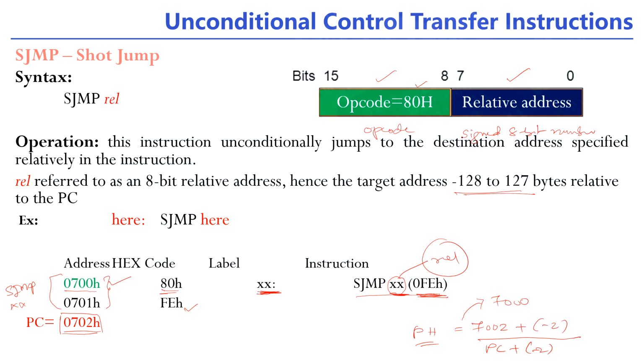That means again this instruction forcibly places this value in the PC, 0700. So this instruction is executing infinitely, continuously. This is the operation of SJMP instruction in 8051 microcontroller.